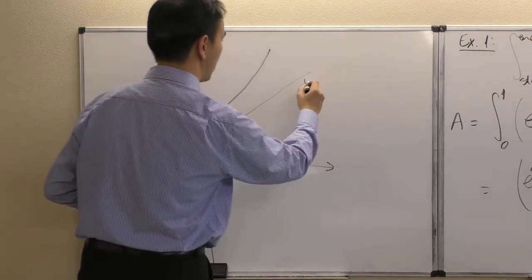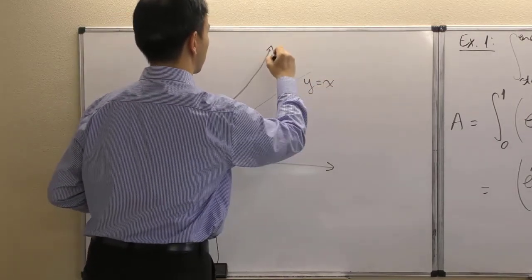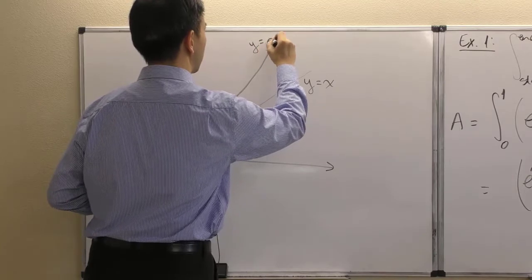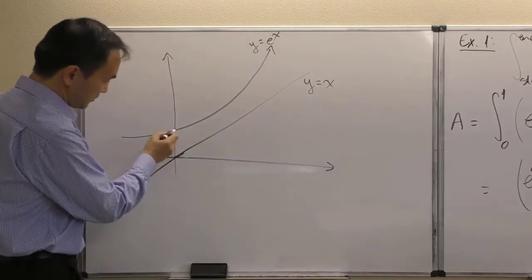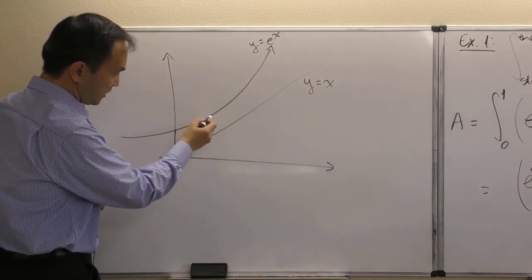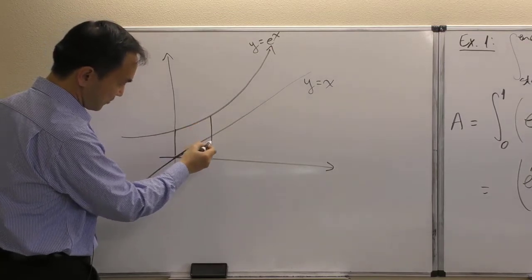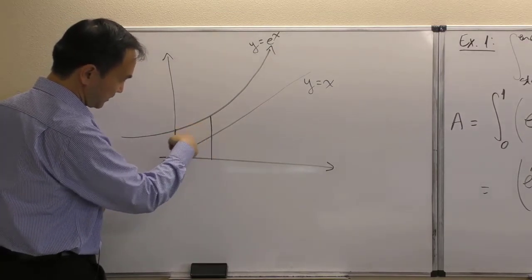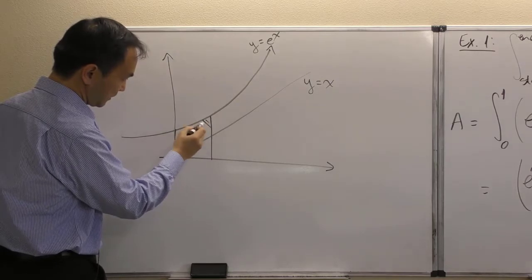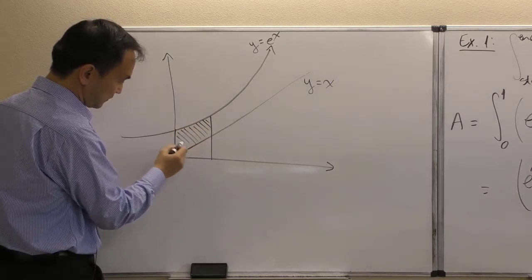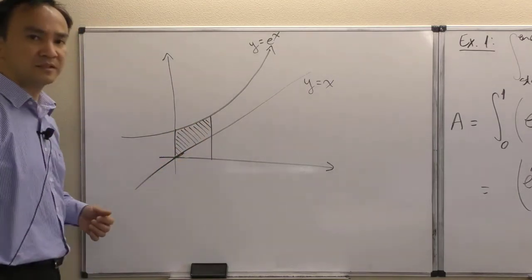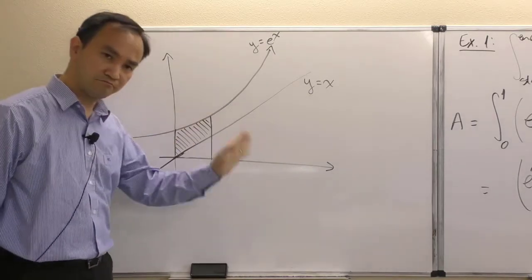And then the y equals x is here, and of course we clearly know who's the upper curve and who's the lower curve. 0 is here, and 1 is here. Just about there. So the area we're looking at is in here. Allow me to make the kind of slanted shading.